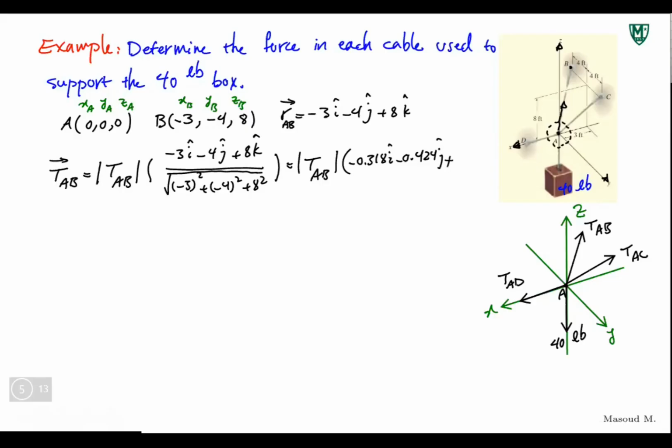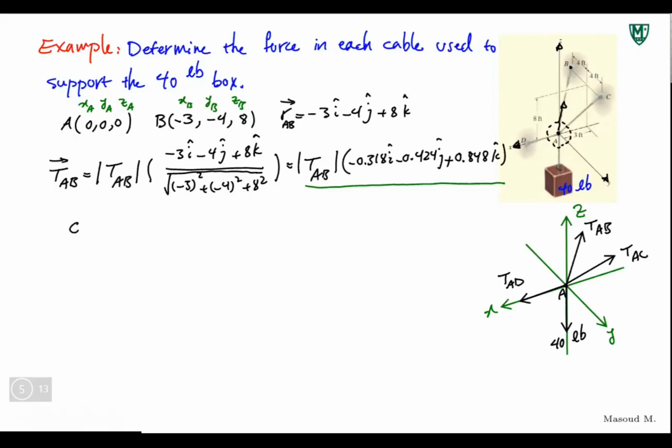And the last one would be 0.848k. So now I have the Cartesian representation of vector AB. Good, now I know the components in each direction. I don't know the magnitude yet, TAB, that's what I'm trying to find, but I know the exact direction in this space. Now I'll do the same thing for AC.